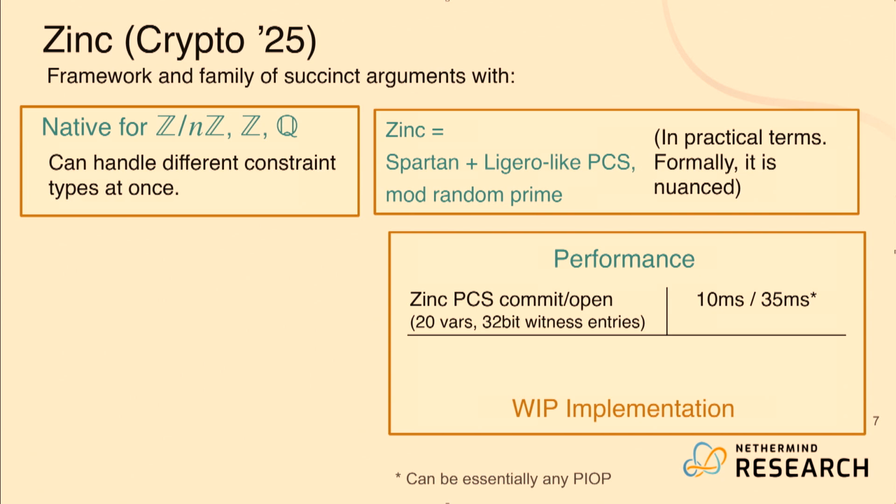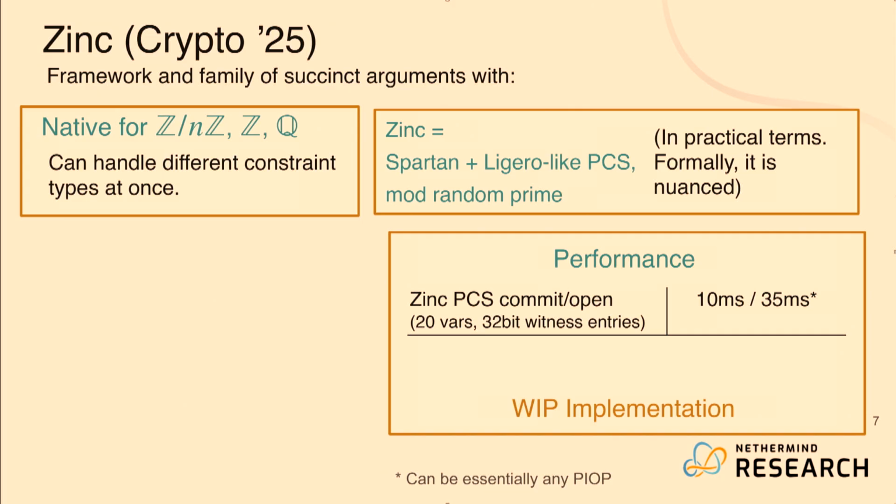Creating an opening proof right now takes us 35 milliseconds, but I think that we will bring this to less than 10 milliseconds, because on paper, opening proofs of Brakedown should be cheaper than committing. So as I said, it's a work in progress implementation. But anyway, these numbers mean that there's essentially no overhead for Zinc compared to its finite field counterpart.